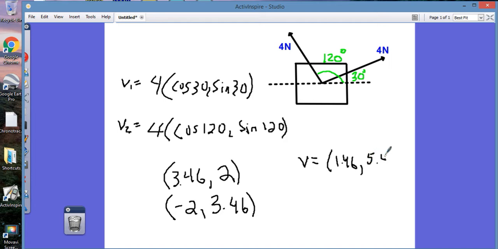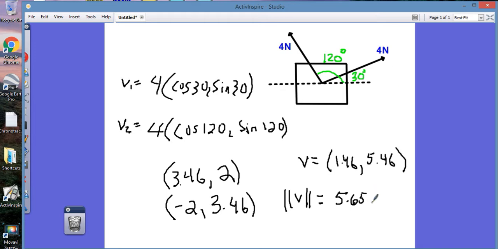So this is considered to be a resultant vector, and you can find your magnitude and your direction from these numbers. Remember, magnitude is basically Pythagorean theorem, square root of this squared plus that squared. When you do that, you're going to get a magnitude of 5.65.